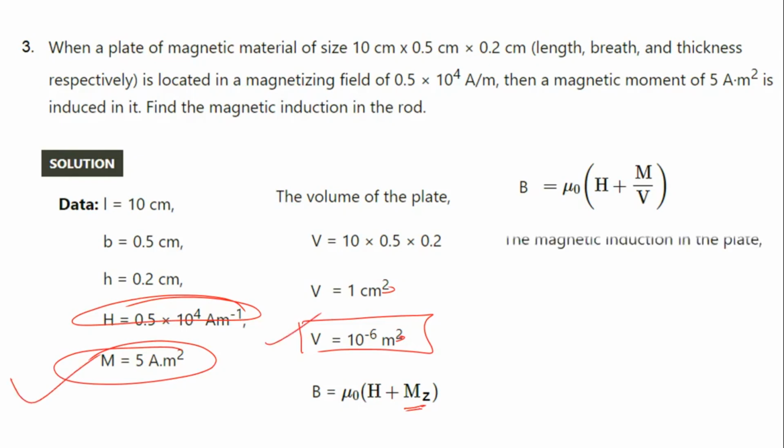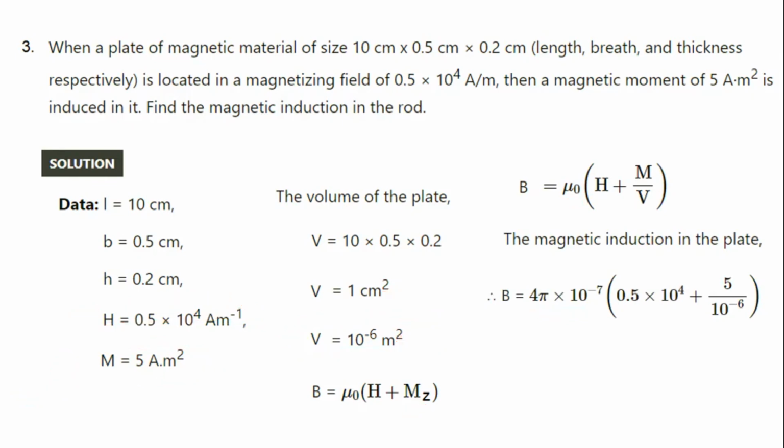After substitution, mu 0 is 4 pi into 10 raised to minus 7, H is 0.5 into 10 raised to 4, and the magnetic dipole moment is 5 with volume 10 raised to minus 6. After doing the calculation, we get the final answer, 6.290 Tesla, as the magnetic induction.